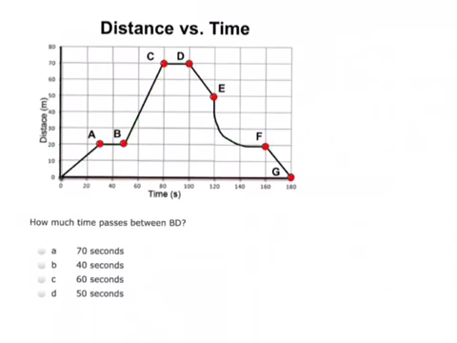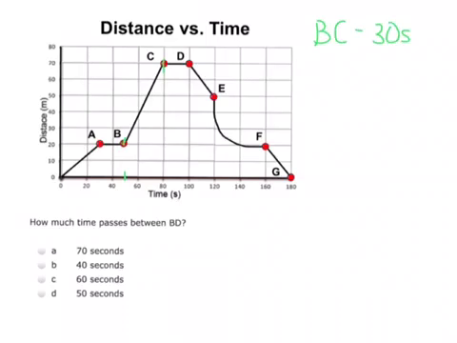How much time passes between BD? So B to D is all the way up there, and we want to know how much time passes. So we're first going to look at B, and we're going to see that it's at about 50. C is at 80. So from B to C, you have about 30 seconds.